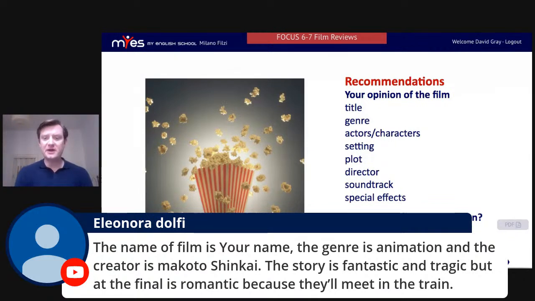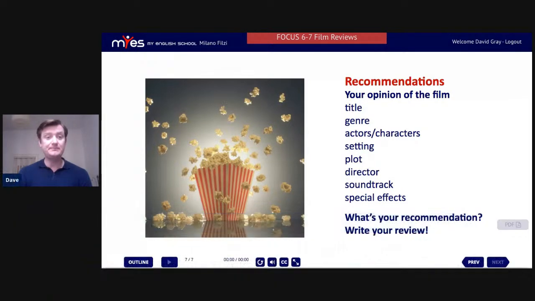Something we didn't talk about actually is that when you're writing about the plot, about the story of a film, you can use the present simple as well. We used the past simple before to talk about the last film you saw, what was it like, who were you with, talking about that event.